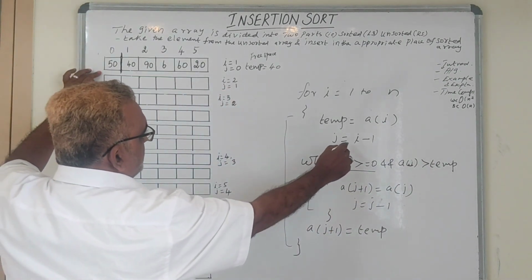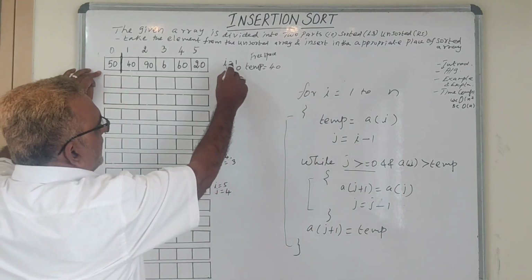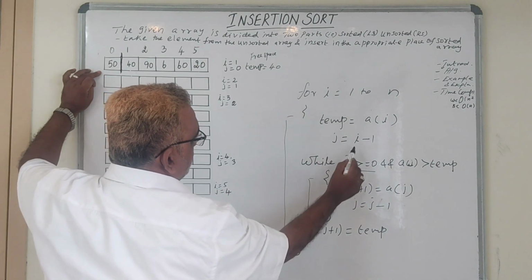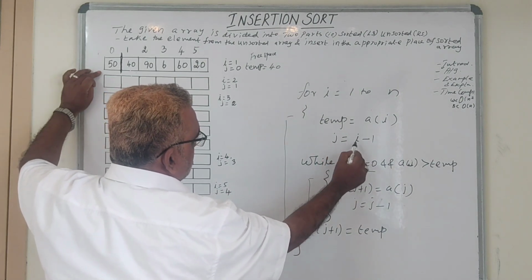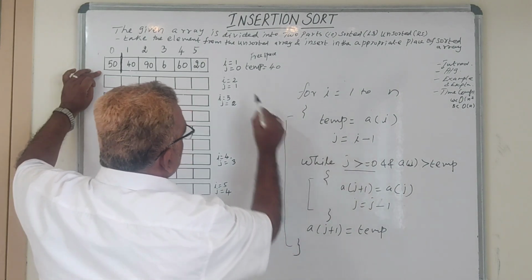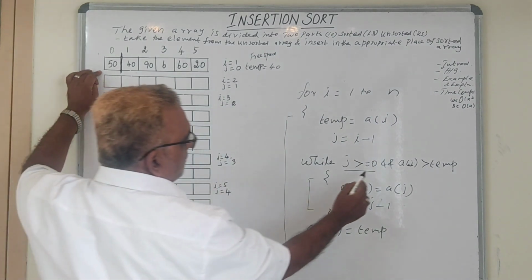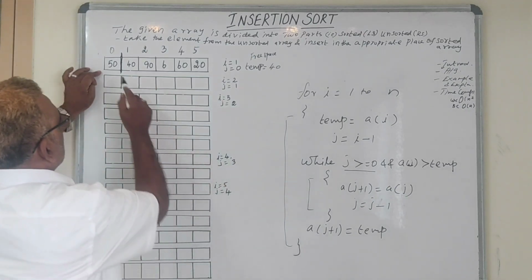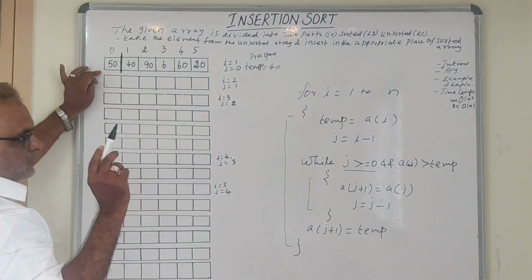Here i is equal to 1, and j is initialized as i minus 1, so j is 0. Now the value contained in temp is compared. 50 is greater than 40, yes, the condition is true.